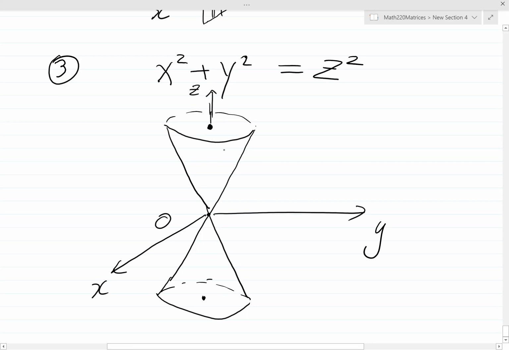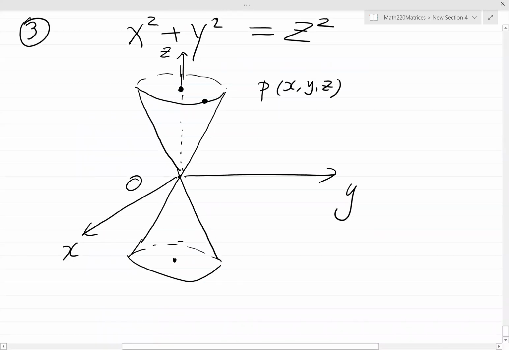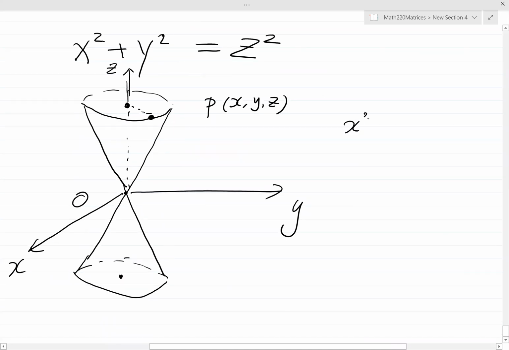Now, if you have a point P(x, y, z), the distance from P to the z-axis squared is exactly x squared plus y squared.